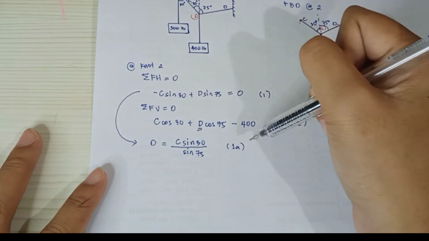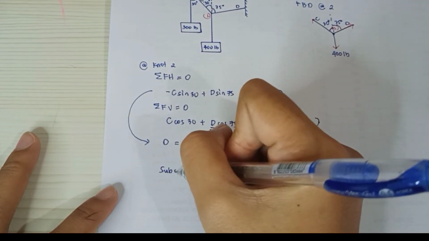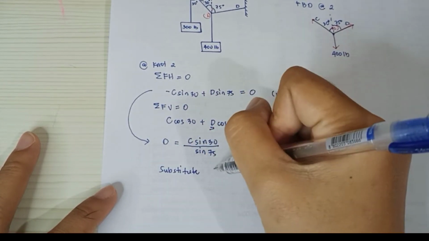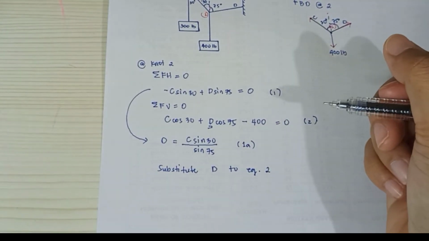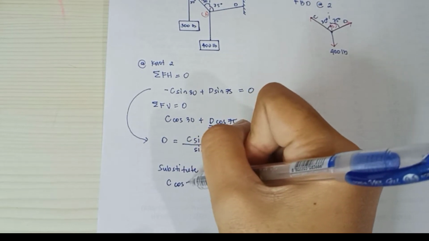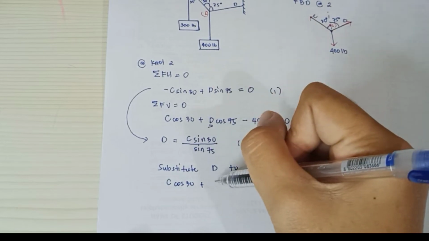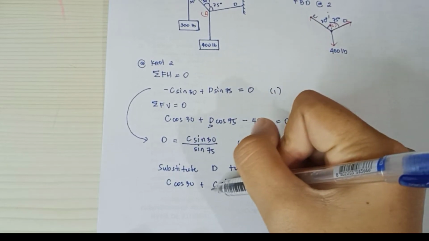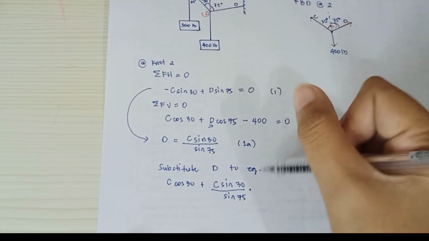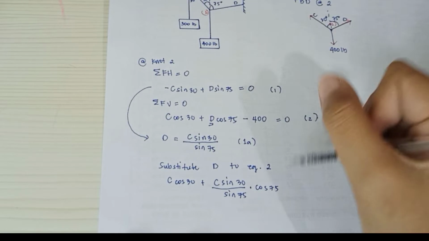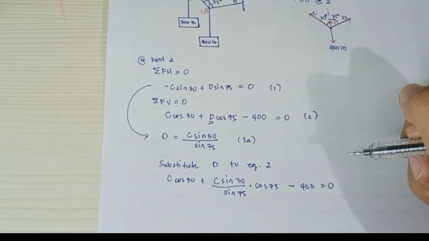So, substitute natin siya dito sa D from equation 2. So, C cosine 30 plus D, which is equal to this value, C sine 30 divided by sine 75 times, may naiwan pang cosine 75 dyan, so i-times natin, minus 400 is equal to 0.